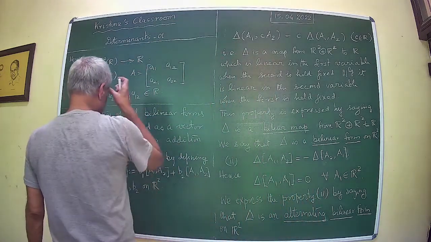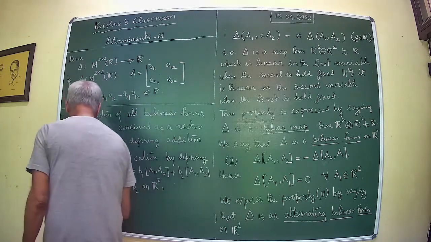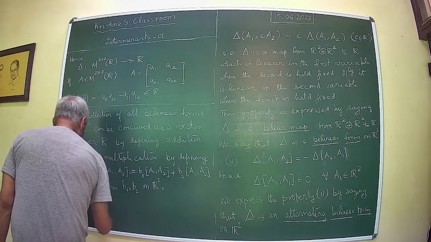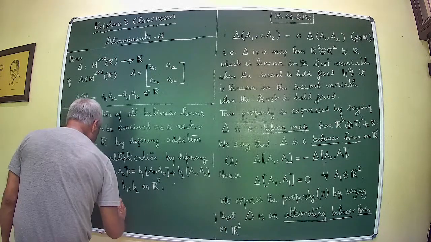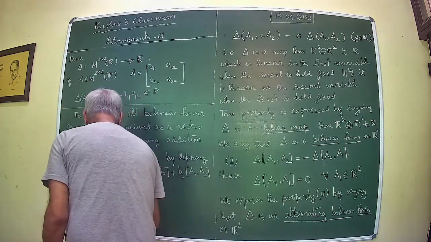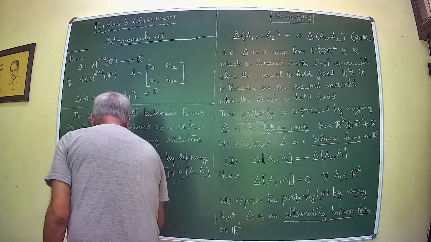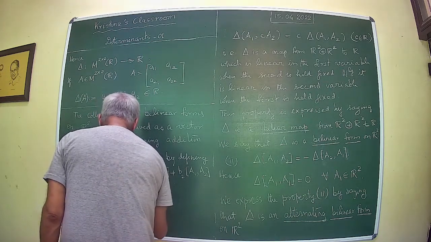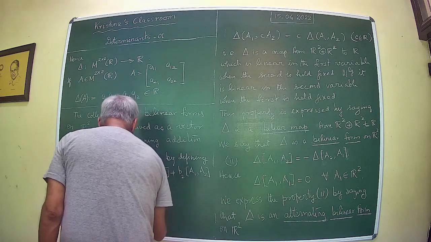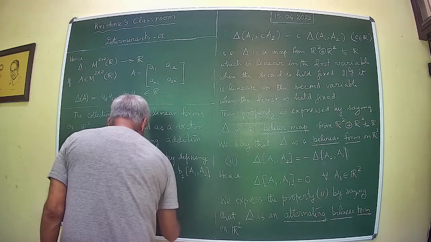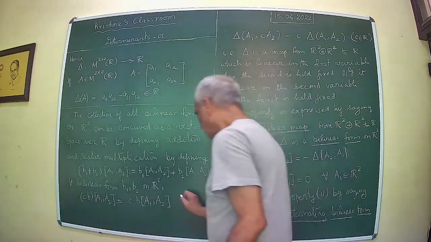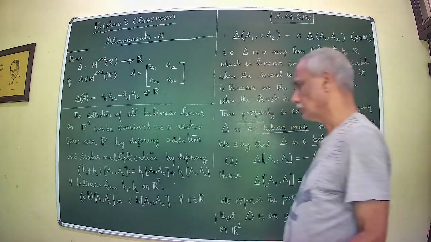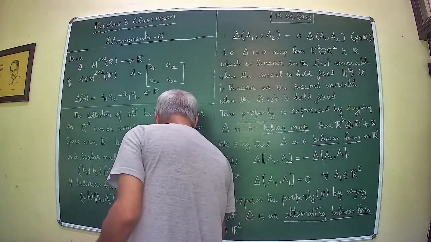Further, CB is defined as C times B of A1, A2, for every C belonging to R, and B belonging to the space of bilinear forms.